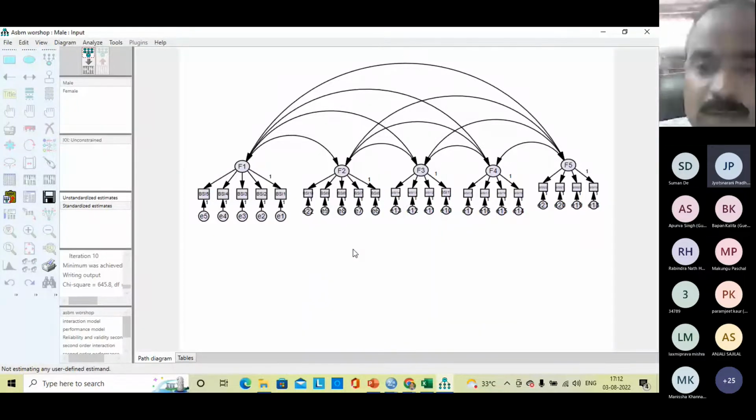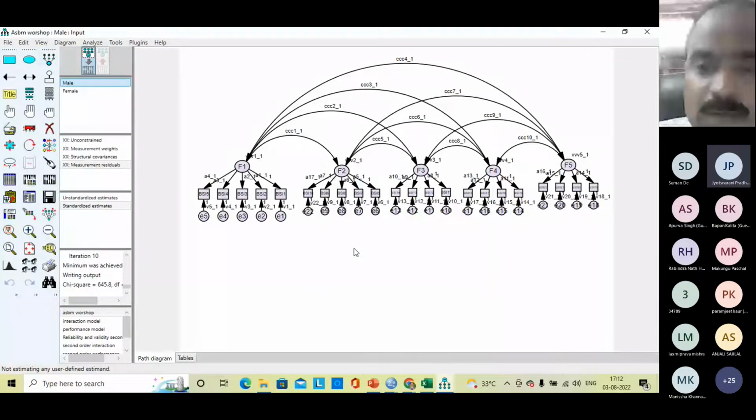Now look at here. Automatically some constraints have been assigned. It is written 4_1 for the male. Go to the female, 4_2.